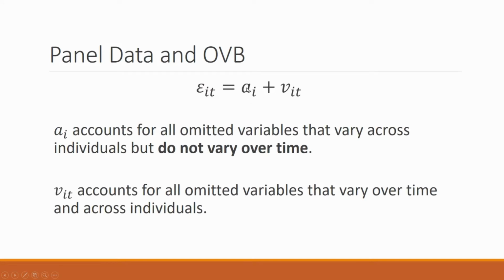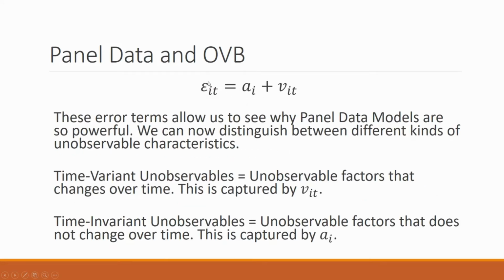And so now, when we decompose it into A and V, we can see that A accounts for all the unobserved variables that do not vary across time. And V accounts for all the unobserved variables that vary across individuals and time.